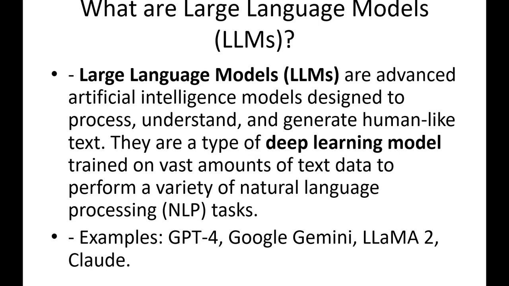So, large language models are capable of understanding human language and also capable of generating human-like language. The technology behind the working process of LLMs is deep learning, which is nothing but neural networks.